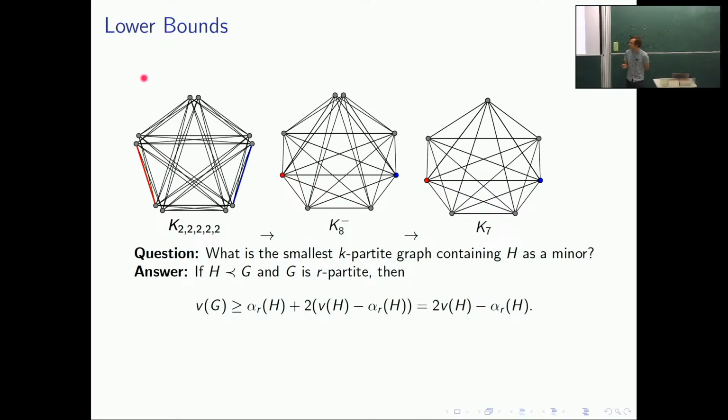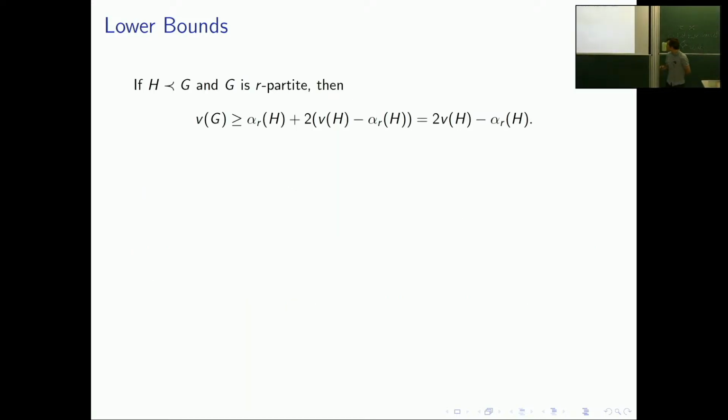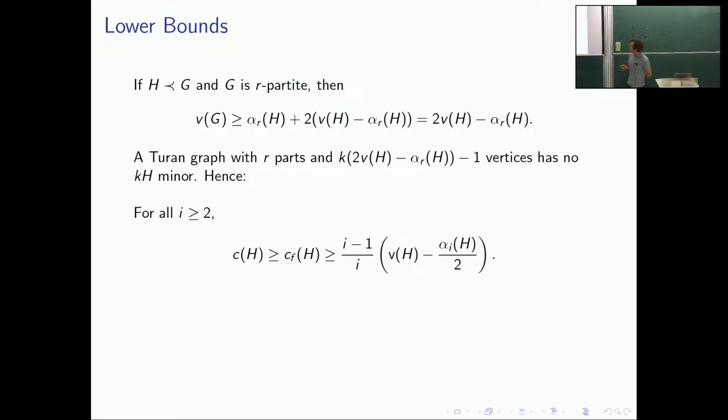And if we want to build the 8th vertex of K8, we would need to contract 3 pairs of vertices and leave 5 vertices uncontracted. But in this graph here, you can't contract 3 pairs of vertices and leave 5 vertices uncontracted, because there are just not enough vertices. So that's where this formula comes from. And using this formula, we can get this lower bound here.